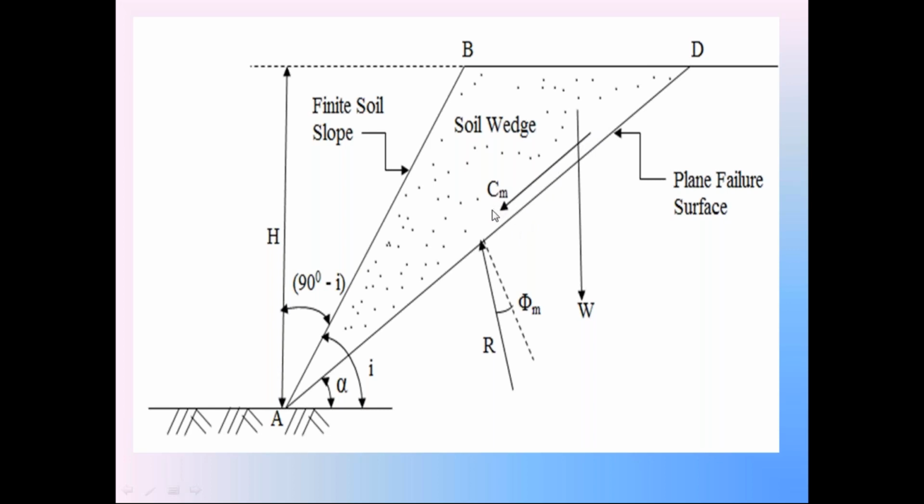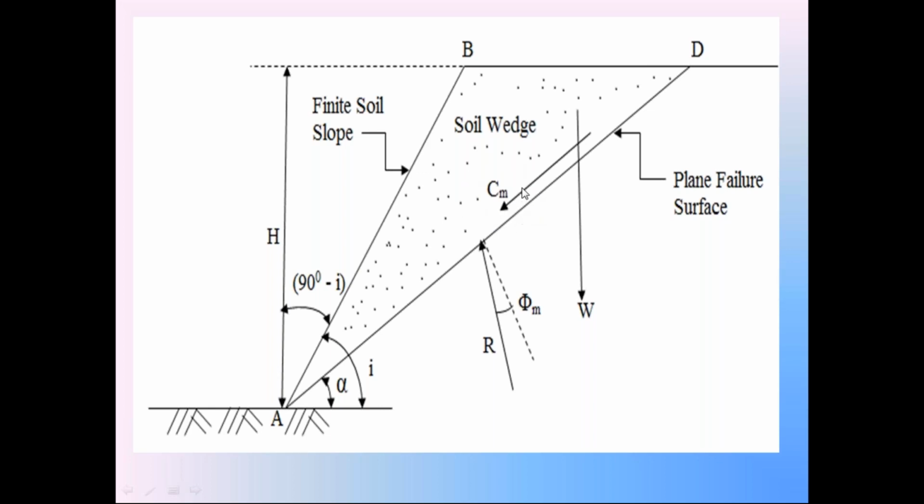It is acting in the downward direction because the soil wedge at the time of failure is moving downward. So the soil wedge ABD applies a tangential force on surface AD in the downward direction.